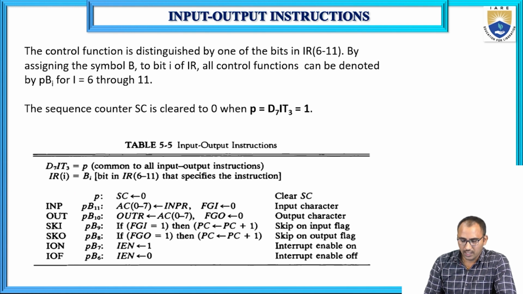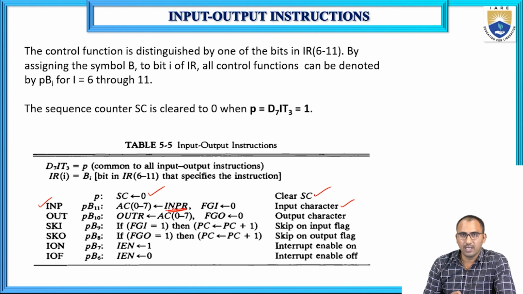Okay, so here we have given some input output instructions. Initially the sequence counter will be set to 0, so we are clearing the sequence counter. The first instruction is INP, which means input character. What is input character? Whenever a key is struck on the keyboard, an 8-bit alphanumeric code will be generated, and that generated data will be placed in the input register.